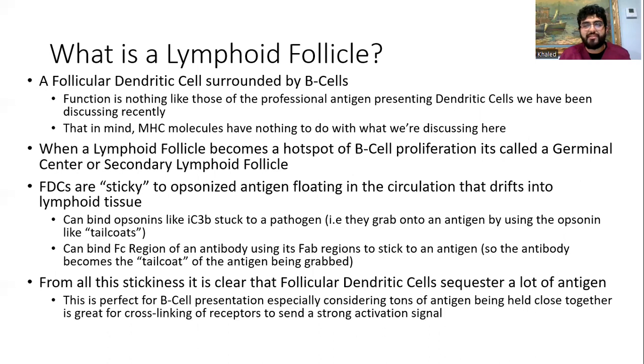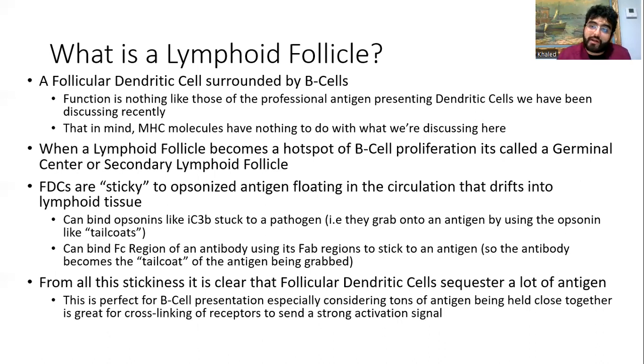But because the FC region is bound to the FAB region, and the FAB region is bound to an antigen, it's kind of like if I'm going down, I'm taking you down with me. Hence, the macrophage will also take in the antigen and destroy that as well, right? In that case, the antibody acted as an opsonin. That's just one example, but basically here the follicular dendritic cell can grab opsonized antigens quite well and just hold them up.